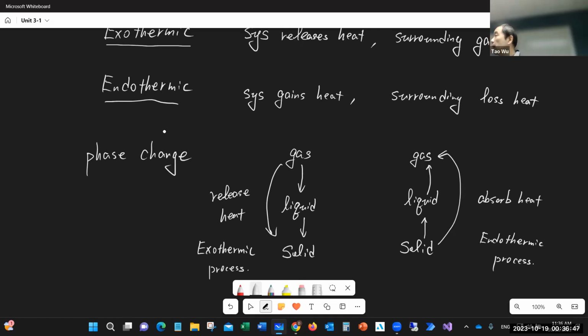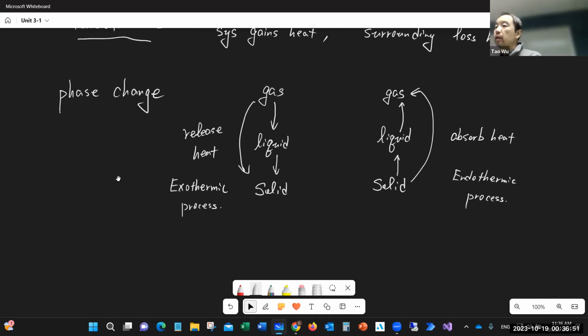Make sense, right? Okay, so let's go a little bit deeper. I'm not sure whether you remember: from gas to liquid, what is the name for this process? It's called condensation.